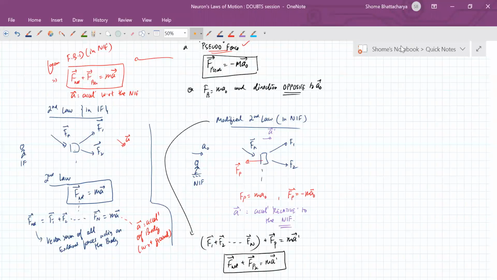Okay. Now you people have studied the concept of relative acceleration, no? In kinematics, you have studied relative motion a little bit. No, relative acceleration is acceleration with respect to the non-inertial frame. Okay.